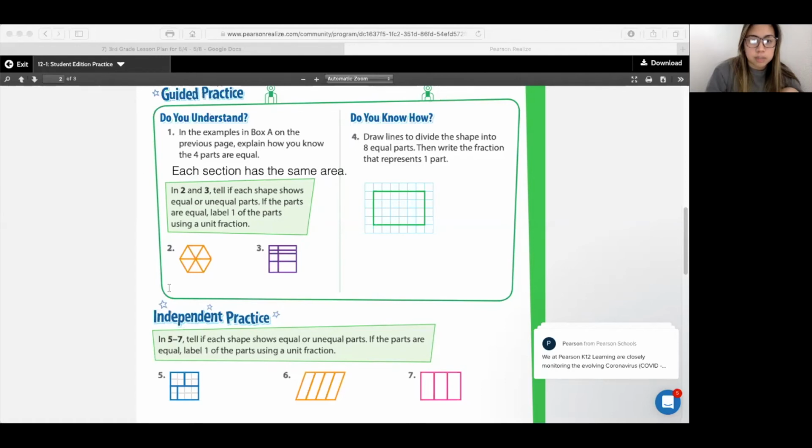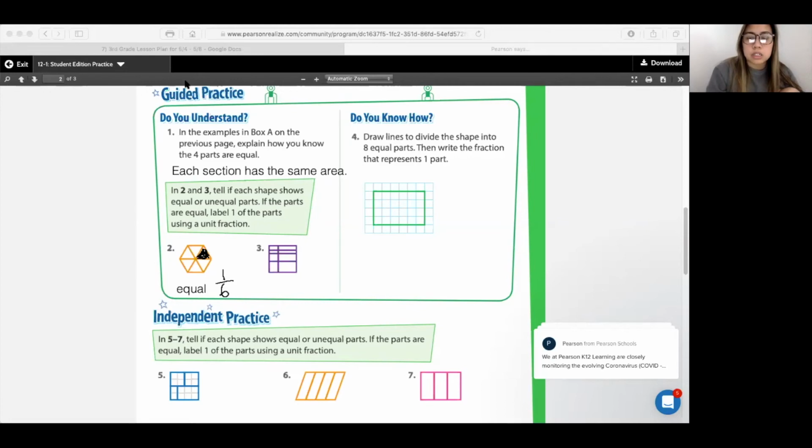So this shape is equal. And then if we were to color in one section, what would the fraction be? So we already know that we colored in one section, and then since altogether there are 1, 2, 3, 4, 5, 6, we know we colored in 1/6 of the shape.